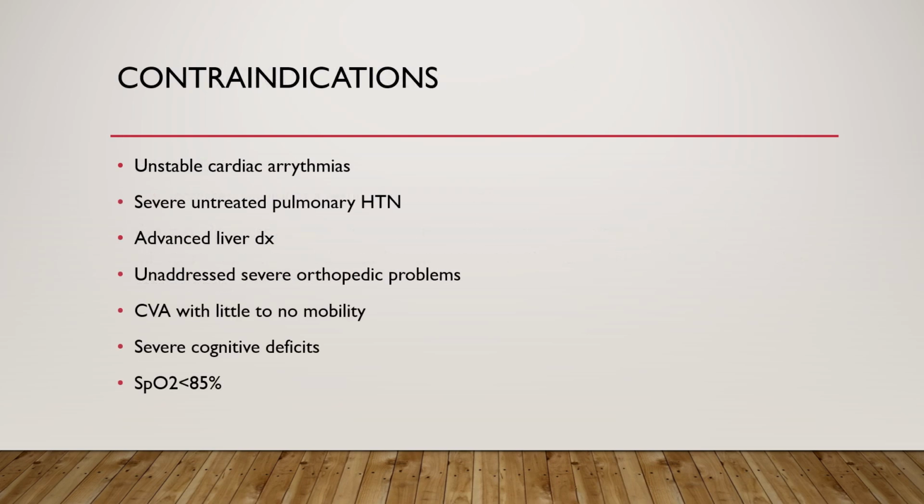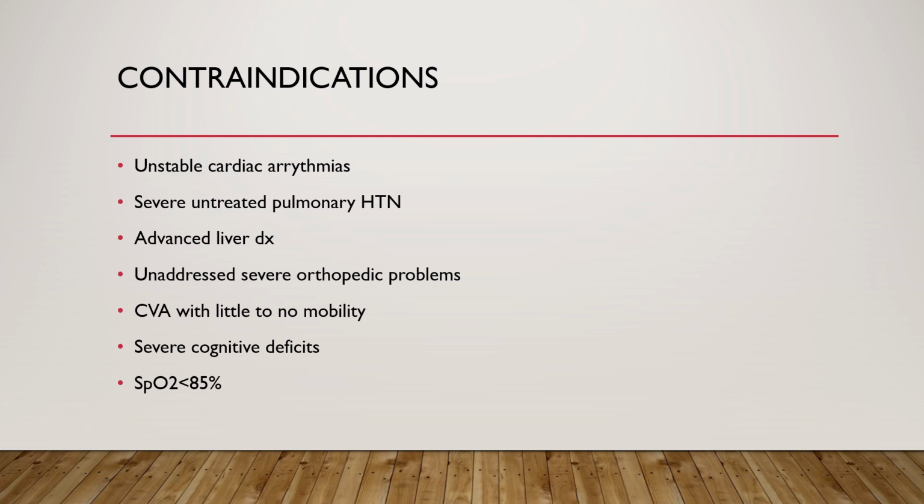Let's review the contraindications for treatment in patients with pulmonary dysfunction or disorders. And again, talking about the overlap between cardiac and pulmonary conditions, we are going to have some overlap in our contraindications here. So unstable cardiac arrhythmias, severe untreated pulmonary hypertension or unmanaged hypertension, I think qualifies there as well.